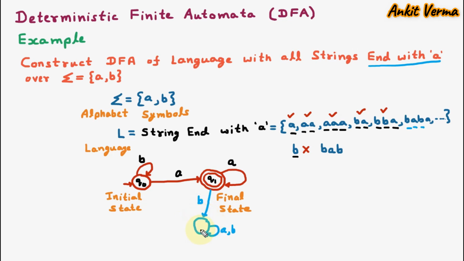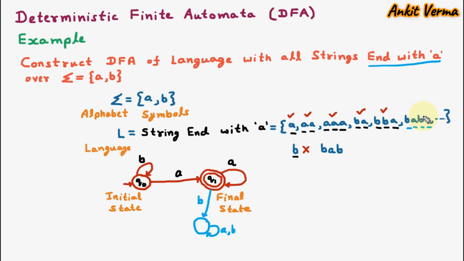state. But there is a problem, because by simply seeing the B, we are putting it in the dead state, which means for all the further input we remain in the dead state. So if A comes, again we remain in the dead state. Dead state means we are not accepting this string.